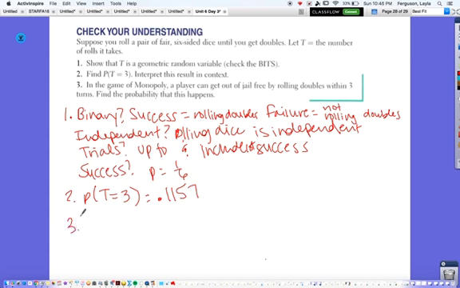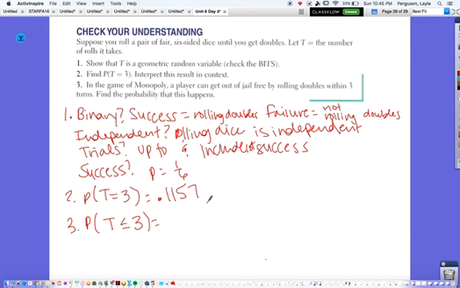Part three says, in the game of Monopoly, a person can get out of jail free by rolling doubles within 3 turns. Find the probability that this happens. So what that means is that we're finding the probability that T is less than or equal to 3.